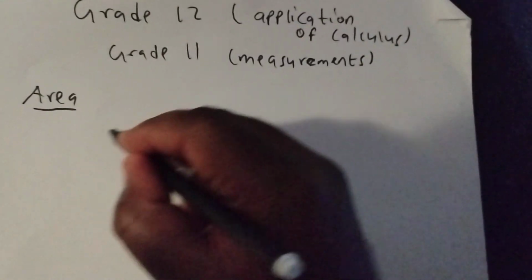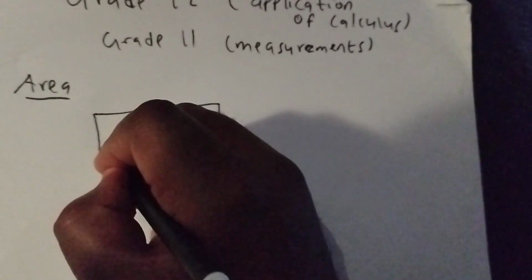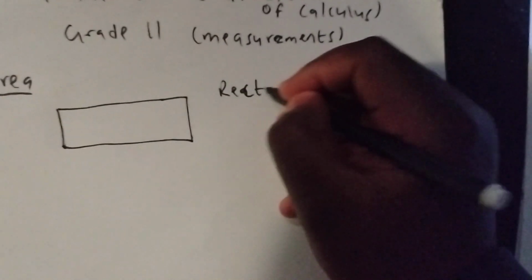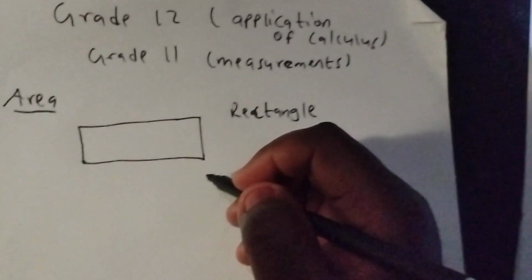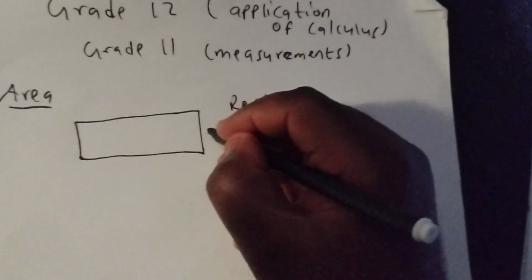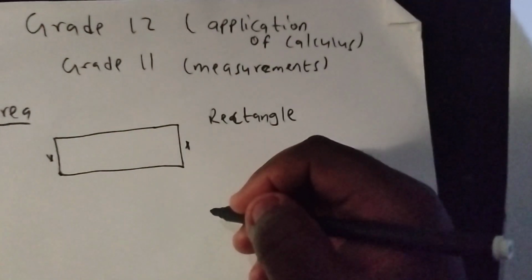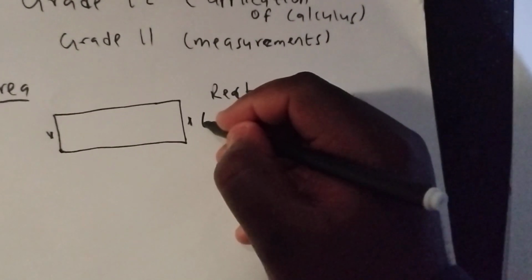With area, we know from primary level that if I'm having a rectangle, the opposite sides of a rectangle are equal, meaning this side and this side must be equal. So if this side is 6, this side will also be 6 because they are supposed to be equal.